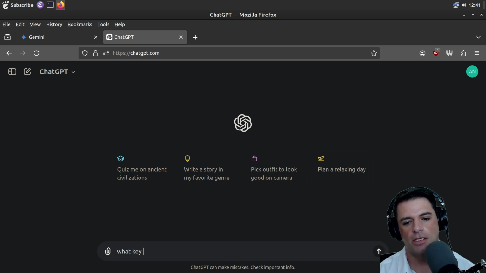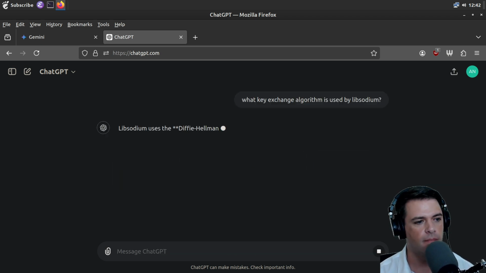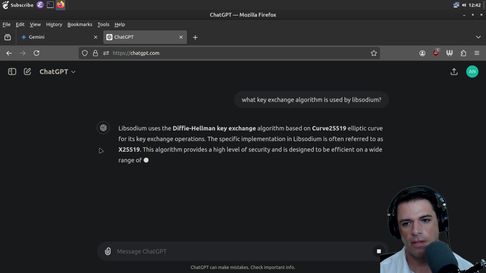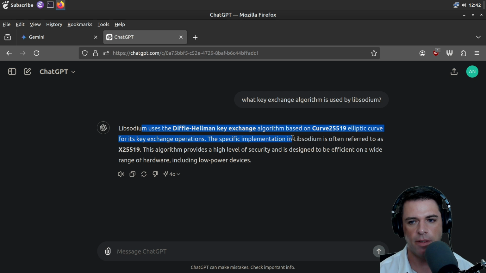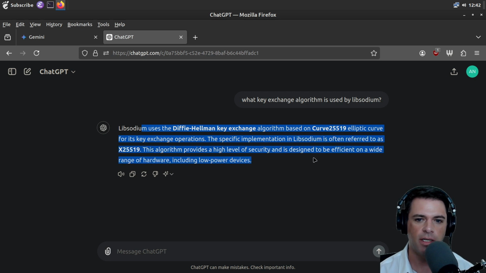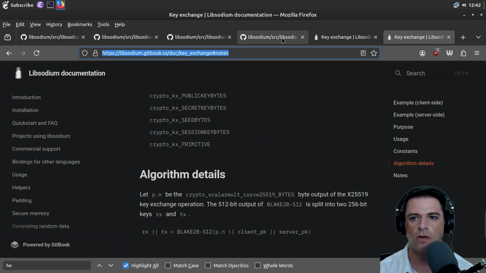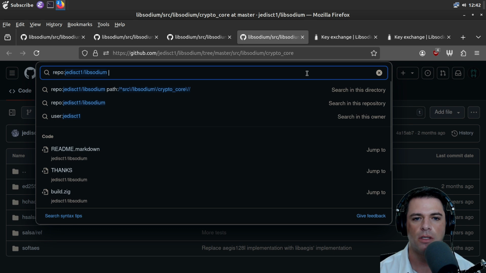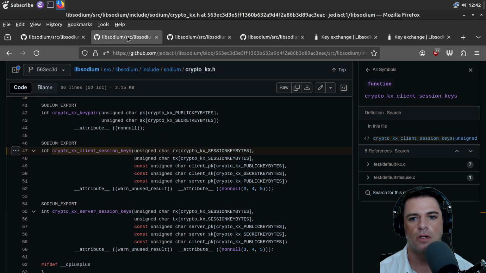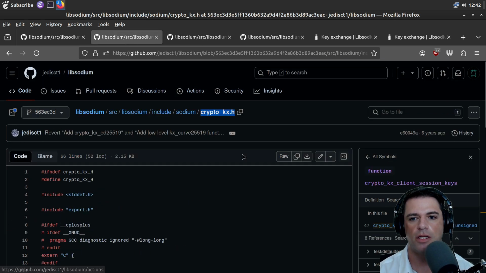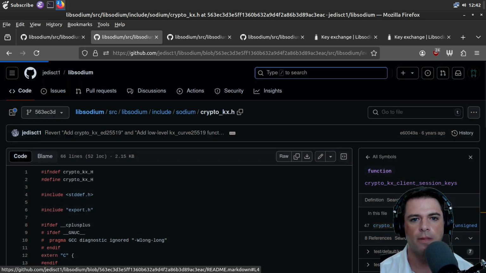So what key exchange algorithm is used by Libsodium? So it says that it uses Diffie-Hellman based on curve 25519. Although Diffie-Hellman doesn't appear to be anywhere in the code, at least not in the documentation. And I don't know how to tell that it's literally the same.